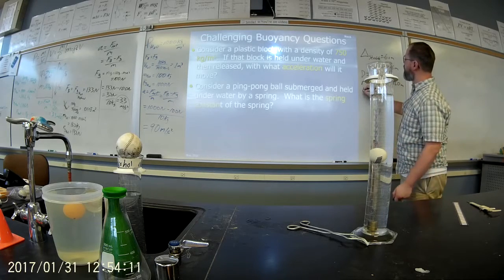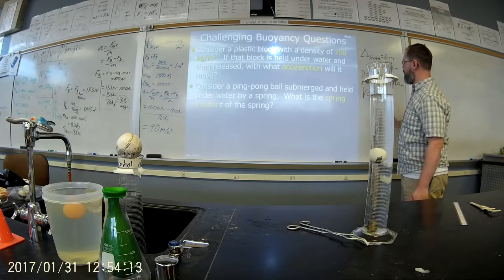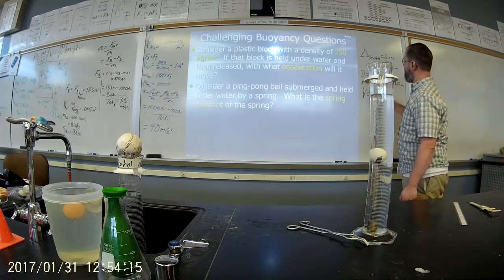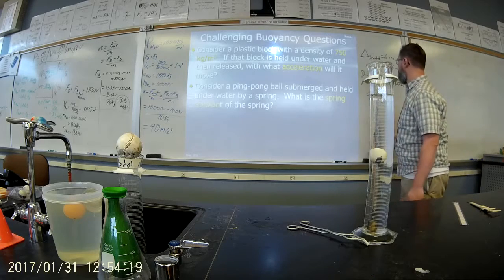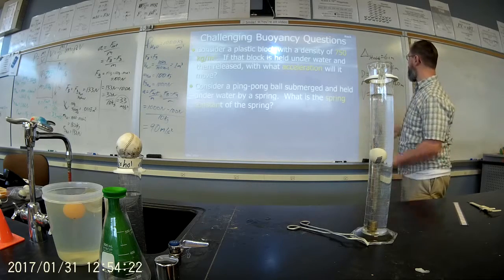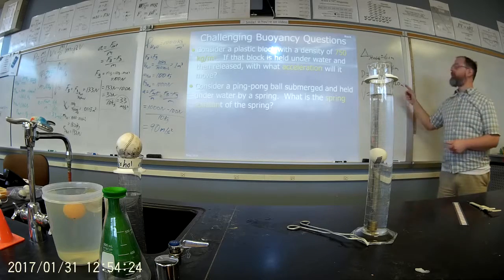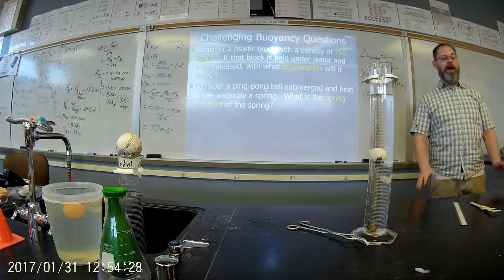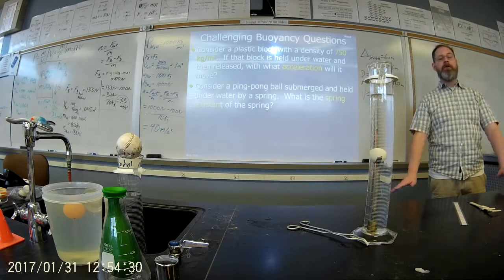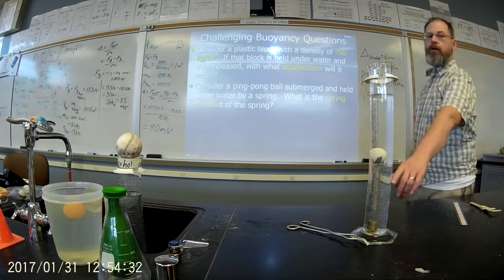And who knows the formula for volume of a sphere? Good. 4/3 pi r cubed. Volume of a sphere is 4/3 pi r cubed. The radius is 2 centimeters. You now have everything you need to know to figure out what the spring constant is there.